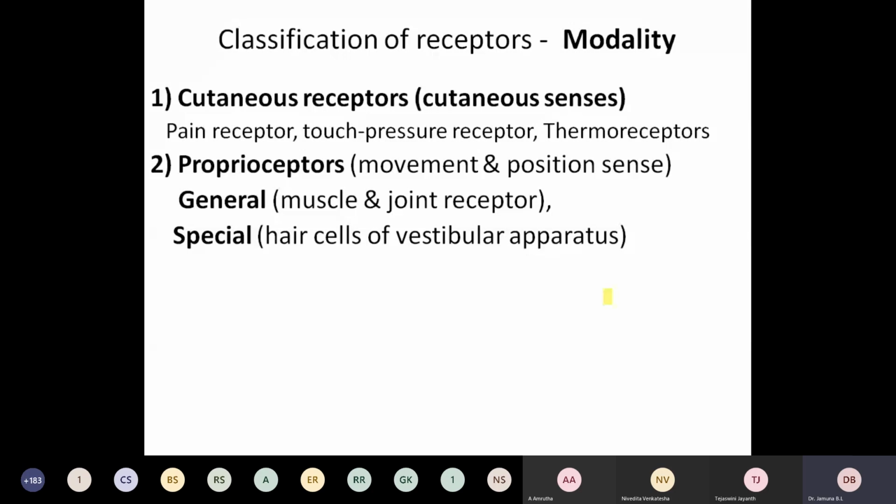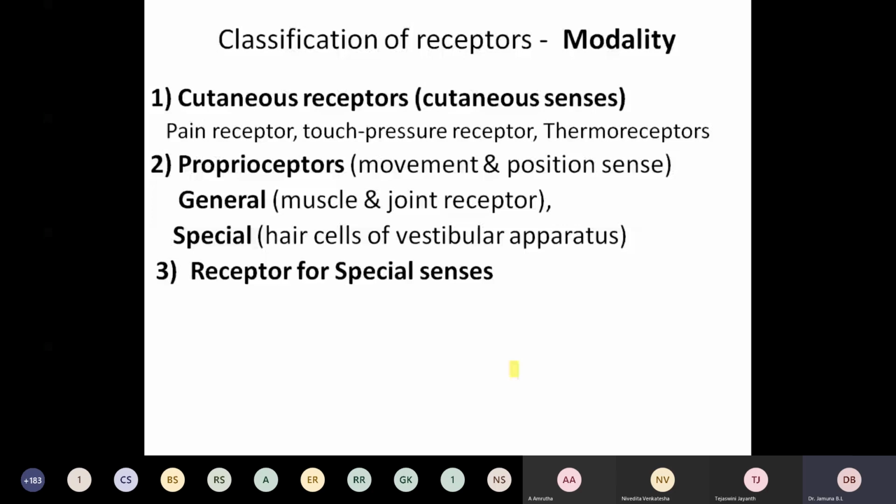General proprioceptors are the muscle and joint receptors like muscle spindles or Golgi tendon organs, which are located in and around the joints, tendons and muscles. Special proprioceptors, like the receptors present in the vestibular apparatus, maintain the balance of the body.